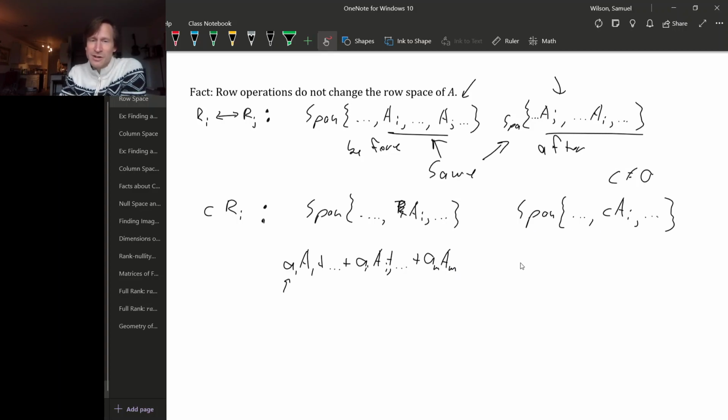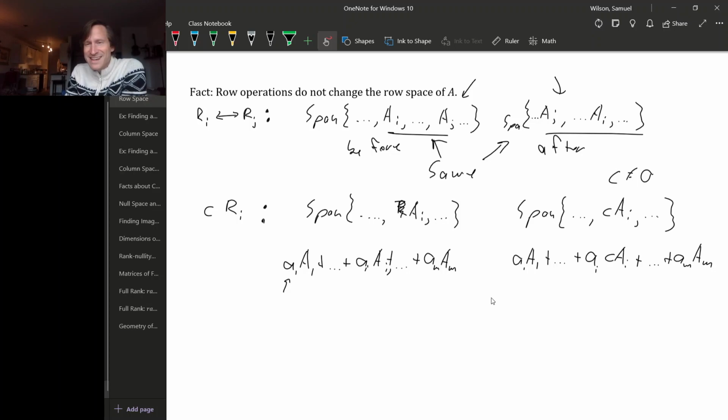And then after, linear combinations of all of the rows after the operation are little a1 row 1 plus, and so on, out to little ai times c times Ai plus, and so on, out to little am row m.